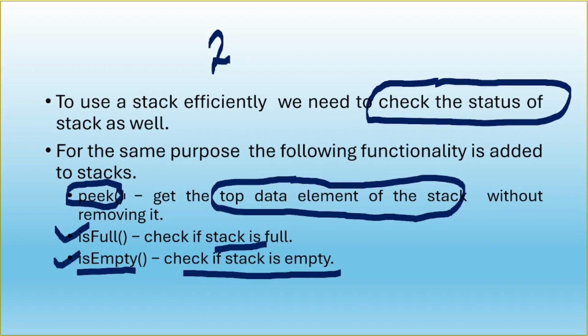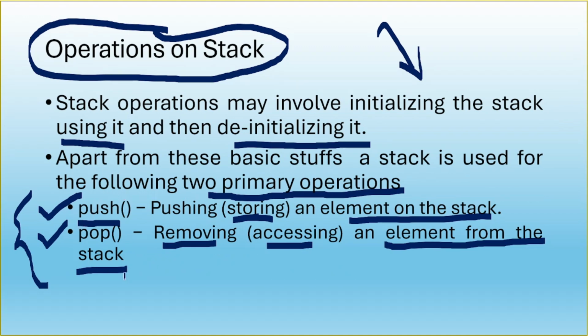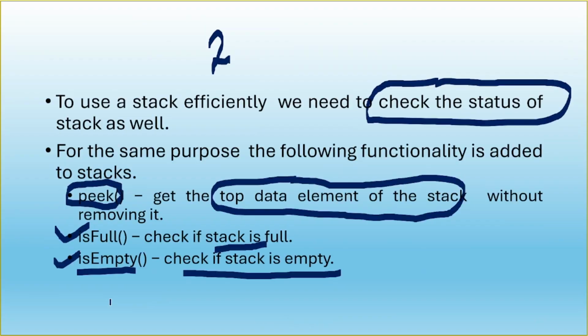So basically, two operations, that is push and pop, and here we have three operations, that is peek, is full and is empty. In all, 2 plus 3, that is 5 stack operations we are going to implement in C programming language.